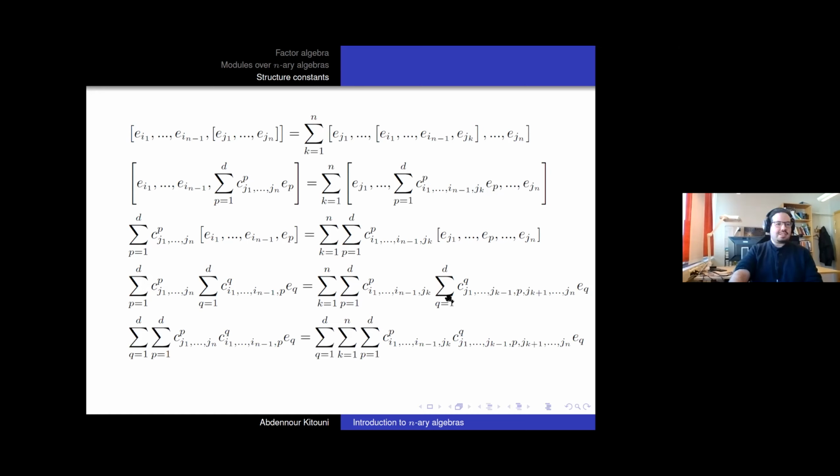So first I move this sum operator, corresponding to this index, all out, and then this is necessarily equal to this, and then I get this formula. So I would apply this for all indices that are free here: j1 to jn, i1 to i_{n-1}, and q.